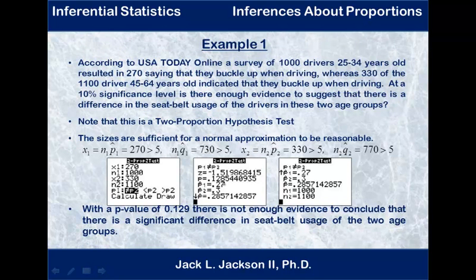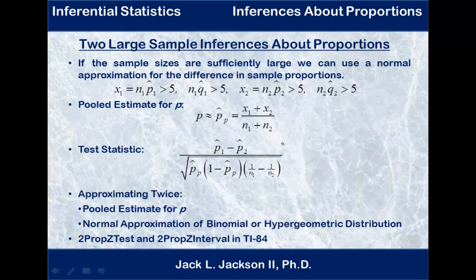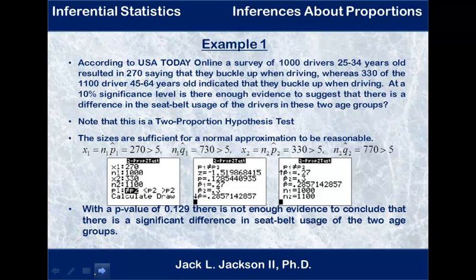And so there's the z value that goes with that, negative 1.5198. The p-value that we come up with is 0.1285, so about 0.129. The sample proportions are 27%, or 0.27, for the 25 to 34-year-olds, and 30%, or 0.3, for the 45 to 64-year-olds.